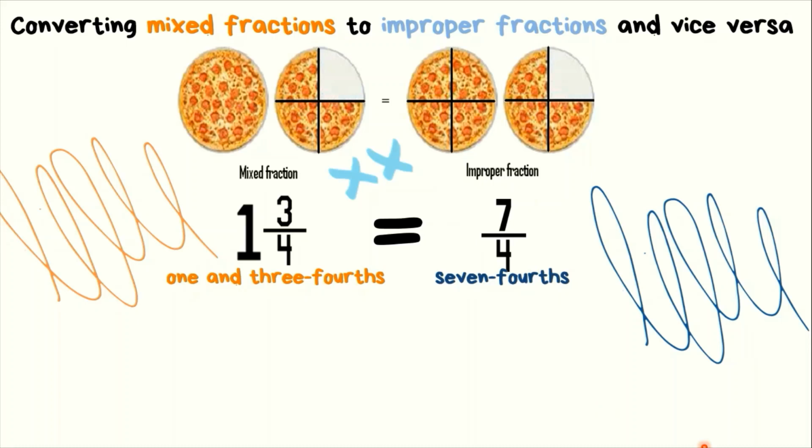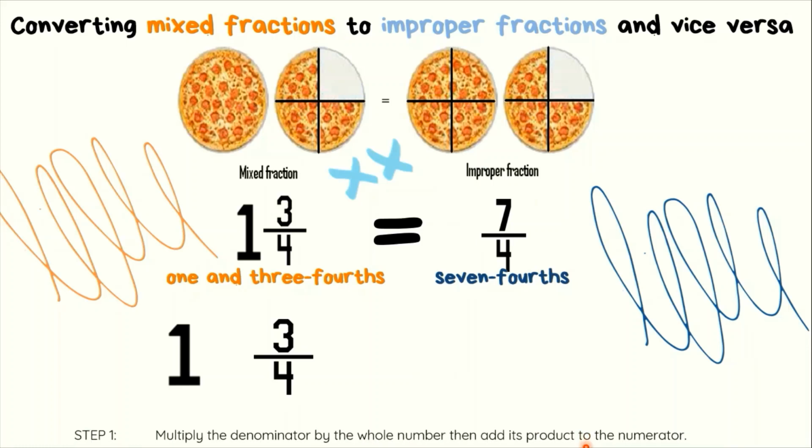Paano natin nasabi na equal lang sila bukod sa nakikita natin yung kanilang illustration? Let's learn on how to convert the mixed fraction to improper fraction first. Meron tayong mixed fraction. Ito ay may whole number at may fraction part which is a proper fraction.